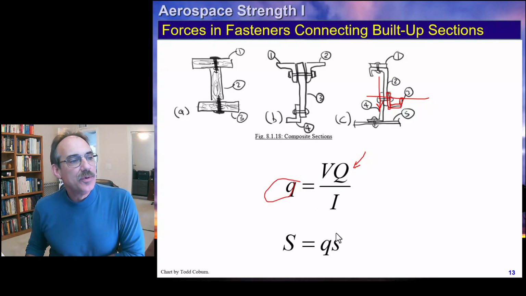That gives us our shear flow. Take the spacing going into the page. That gives us our shear force. If instead we wanted the force in this fastener here, we could take the Q of this rectangle, that area times from the midplane of it to wherever the centroid is, that's our y, over I of the section.